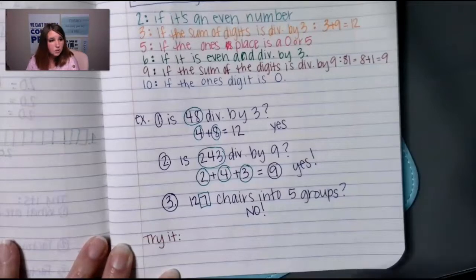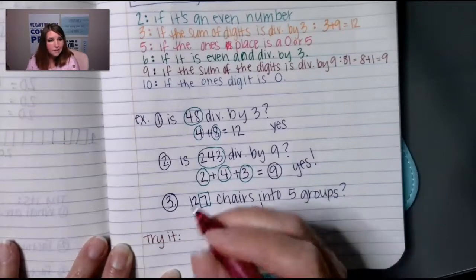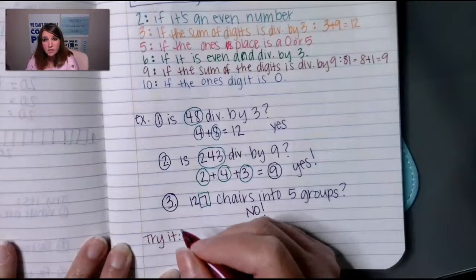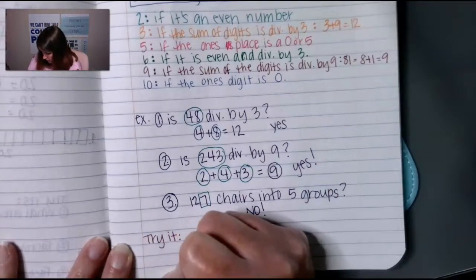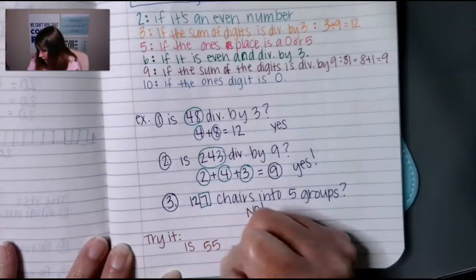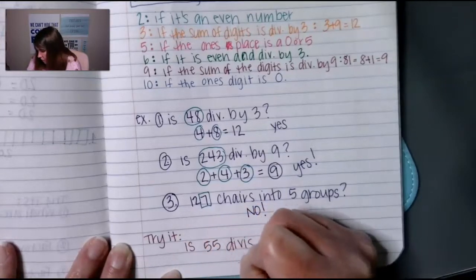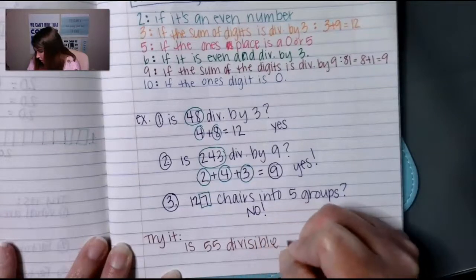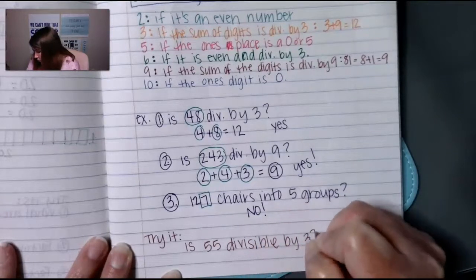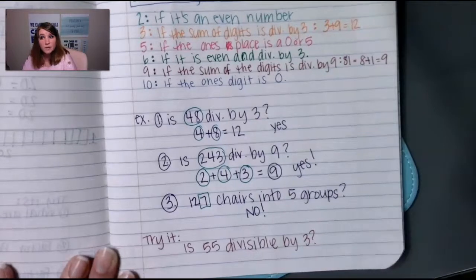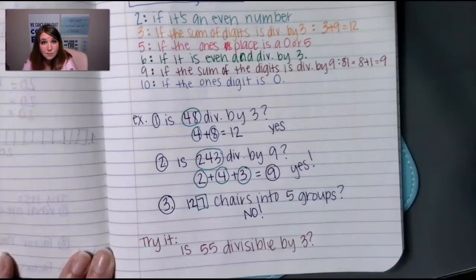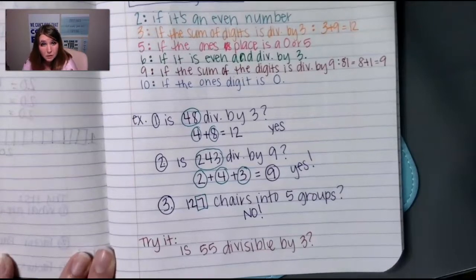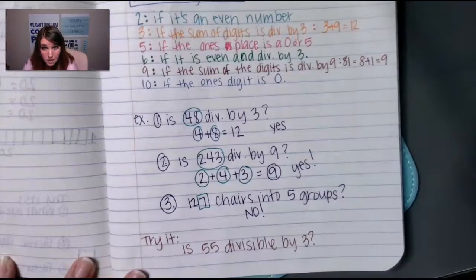Is 55 divisible by 3? Okay, your job right now is to do this try it. So pause the video. If for some reason you aren't pausing the video right now, you are going to hear me explain it to you. So just a fair warning.